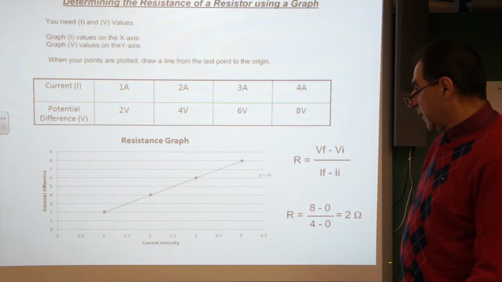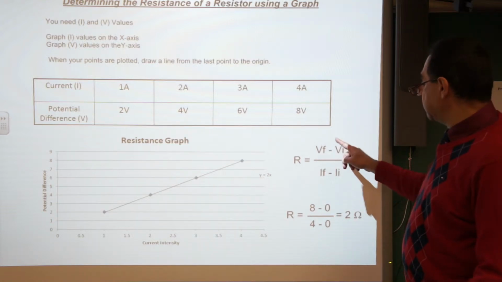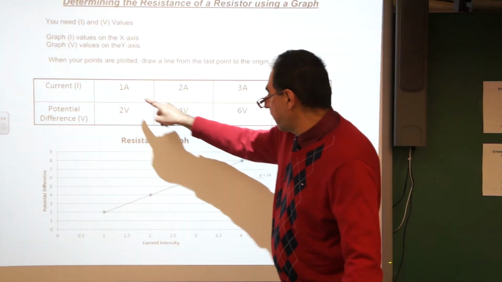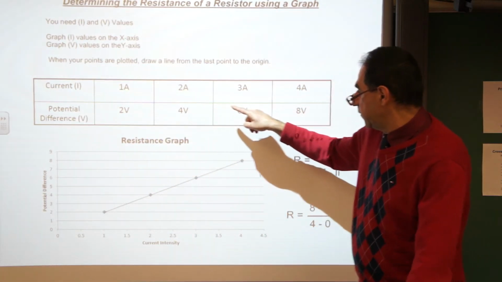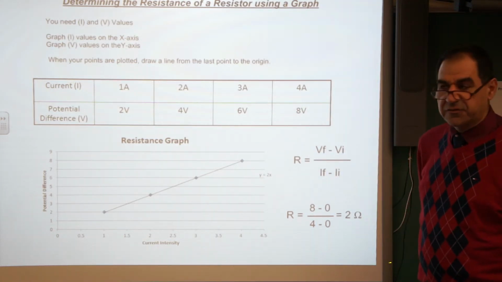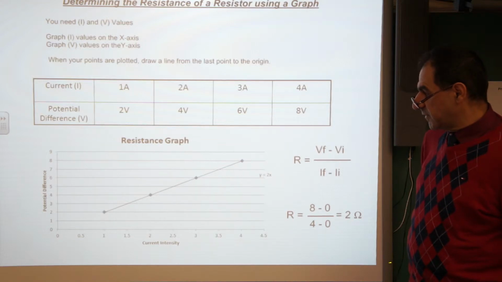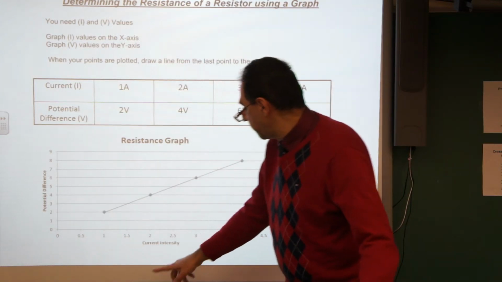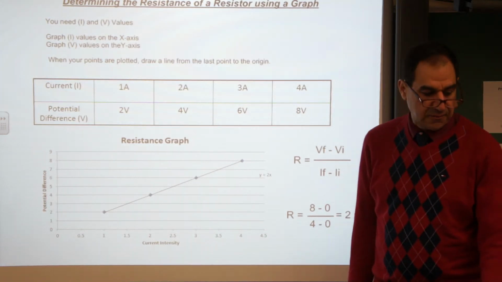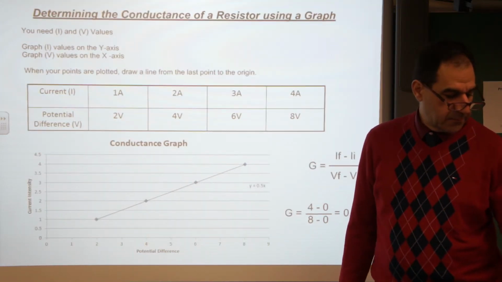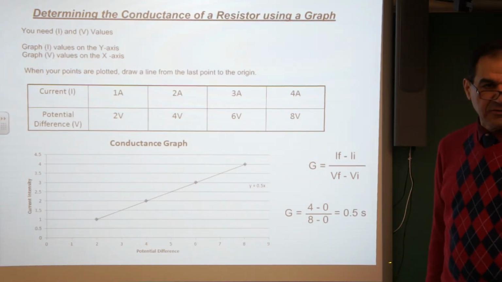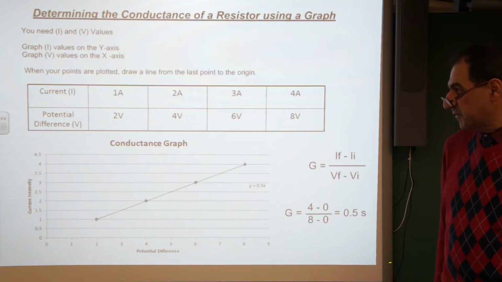If I divide V by I each time, 2 over 1, 4 over 2, 6 over 3, 8 over 4, I always get a value of 2 ohms. So in a resistance graph, plotting potential difference versus current intensity, the slope of the line will always be your resistance. I would get my conductance by plotting intensity versus potential difference, so that would be the reciprocal.